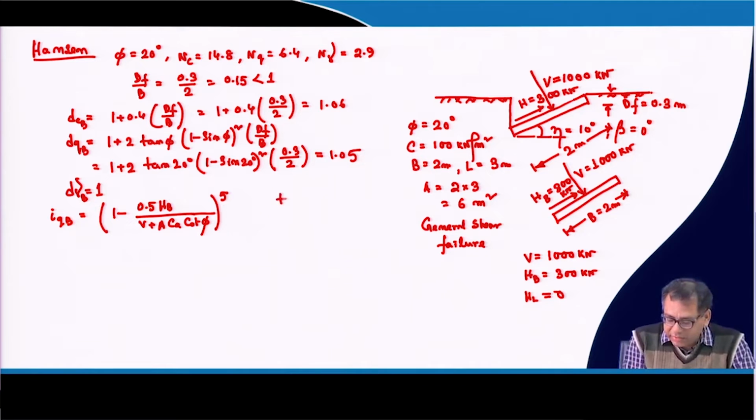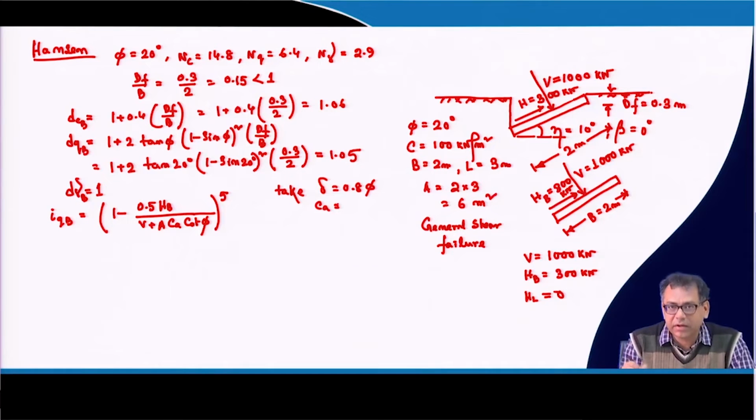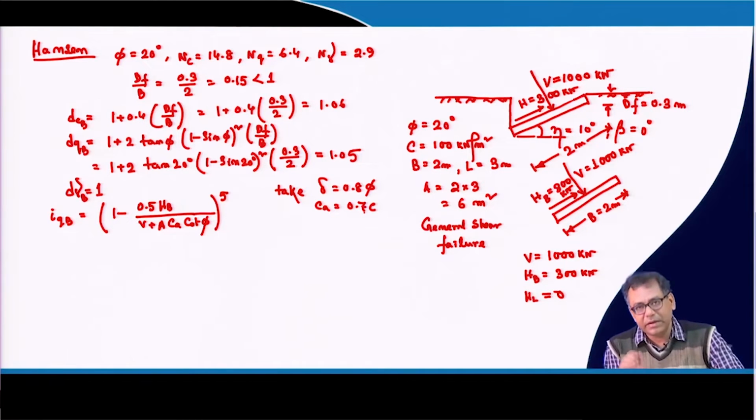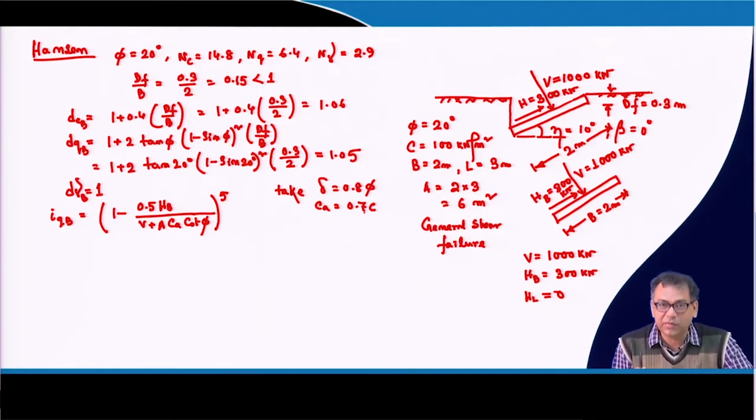Now I have to take the recommended values: for delta I am taking 0.85, and for Ca, it is 0.6 to 1, so I am taking 0.7c. These things will be mentioned in the question in your case, but here I am assuming. During your design you can assume it within the given range, but in the assignment problem or the exam problem it will be given specifically.